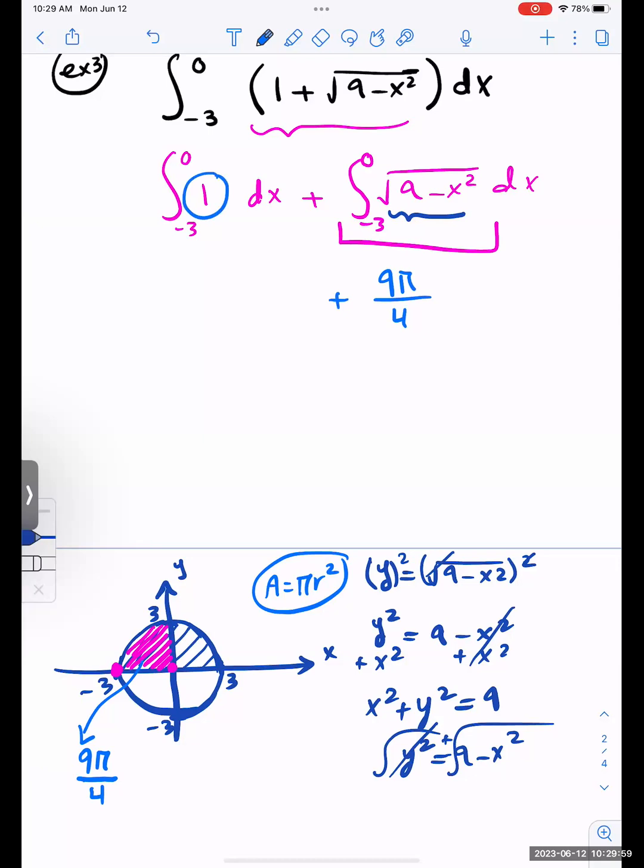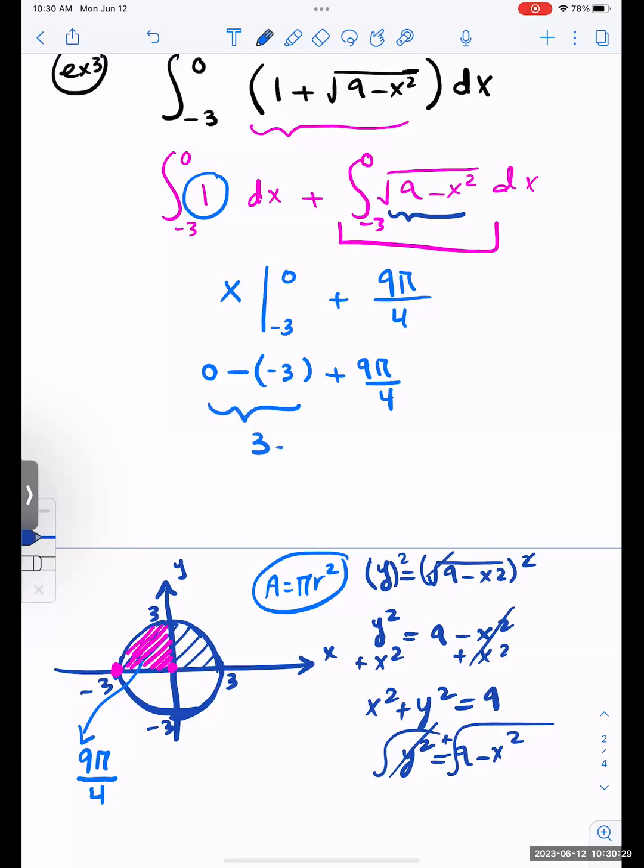What is integral of 1? Everyone. Awesome. X. Great. And then it goes from -3 to 0. So it's 0 minus, substituting the lower piece, -3.